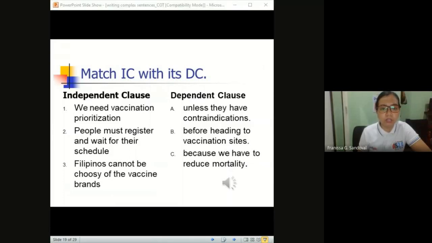We need vaccination prioritization. 2. People must register and wait for their schedules. 3. Filipinos cannot be choosy of the vaccine brand. The choices are A. Unless they have contraindication. B. Before having the vaccination site. C. Because we have to reduce mortality.